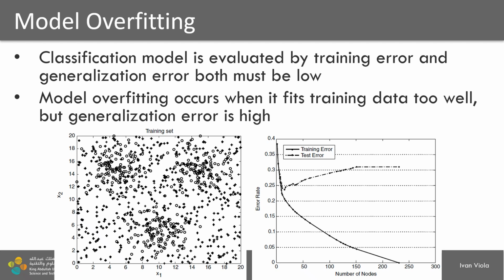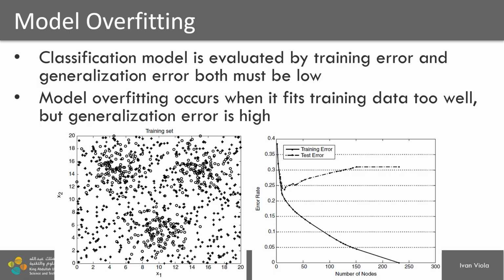So classification models can be evaluated by a training error, but also by the so-called generalization error, and both must be observed. The training error is an error which can be measured by analyzing how well the classification method performs on the training set itself.